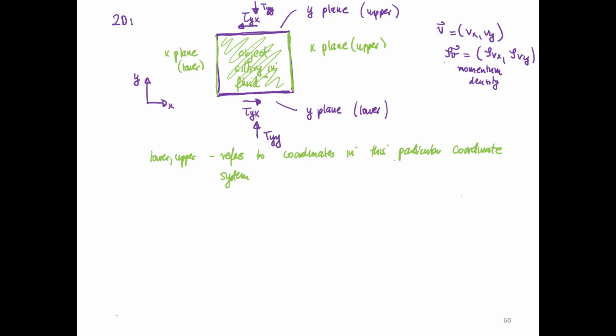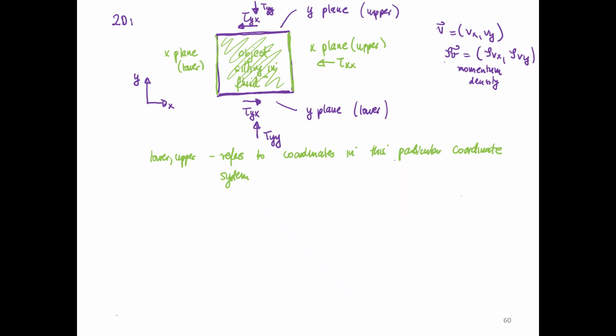So basically, I'm going to have tau. What is going to transfer if I'm transferring x momentum? I'm going to call that shear stress. No, it's not shear, actually. X momentum across x plane, XX. So tau xx. Okay.